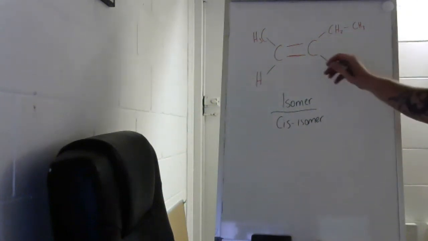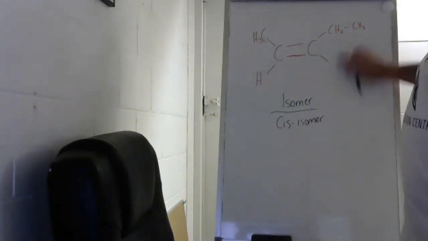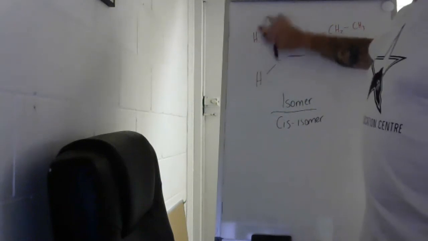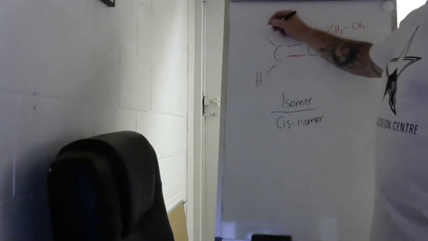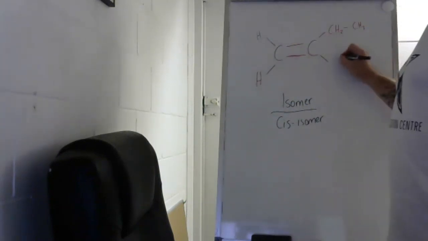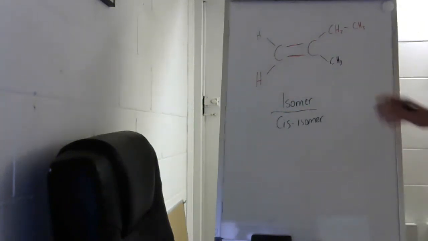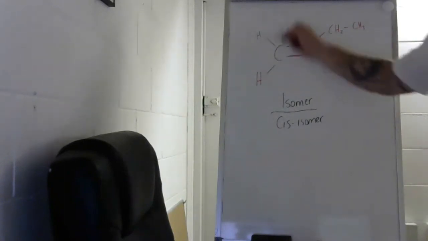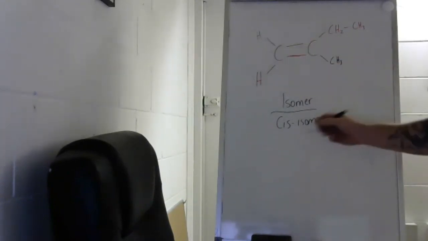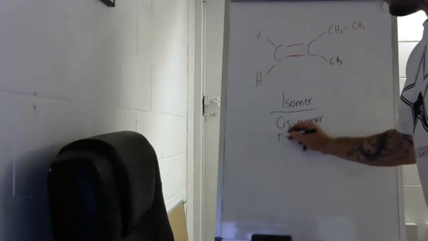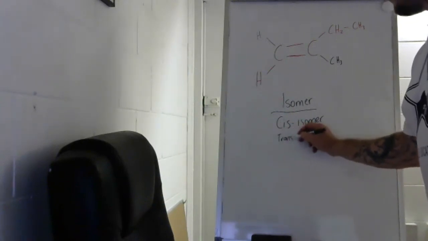If we did something crazy and put the hydrogens on opposite sides, it would be called a trans isomer.